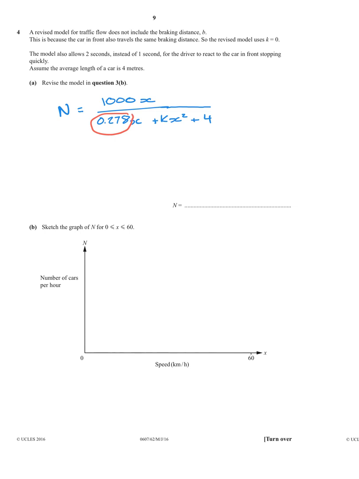This is no longer 0.278 because it's going to be 2 seconds instead of 1 second. So how many 2 seconds are there in an hour? Okay, that's going to be now 1,000 divided by, instead of 3,600, it's going to be 1,800.